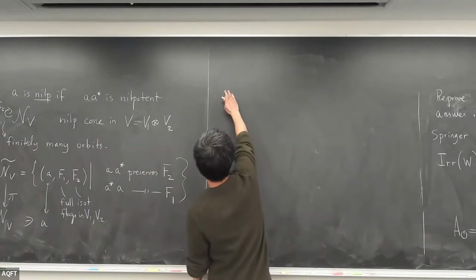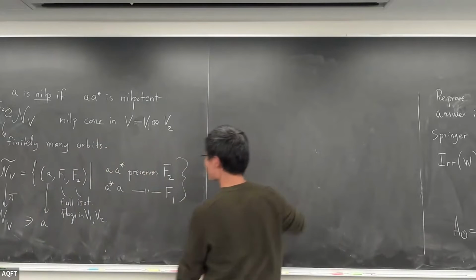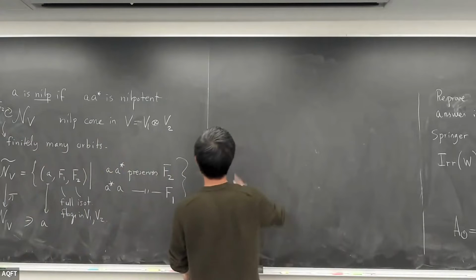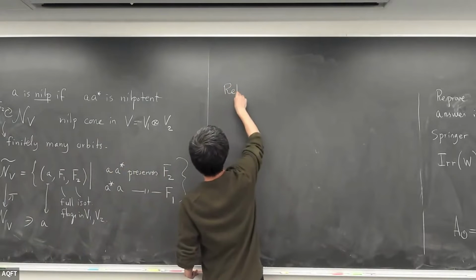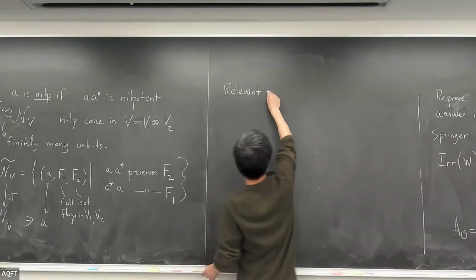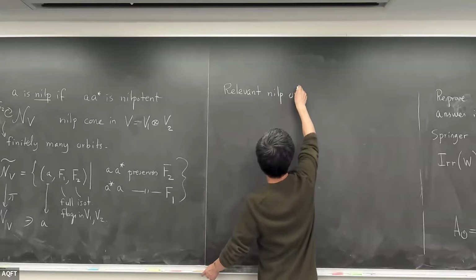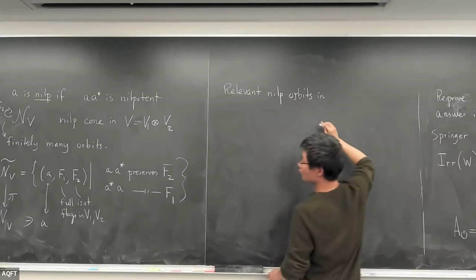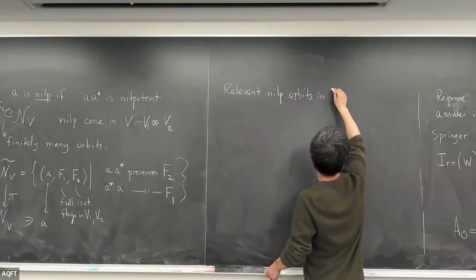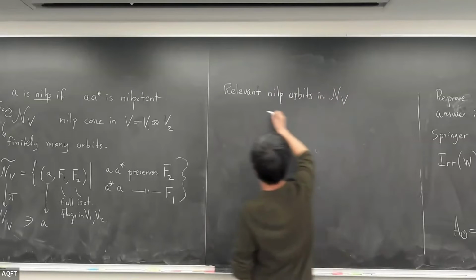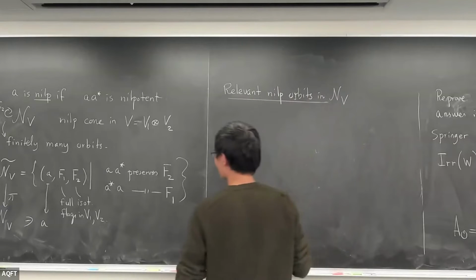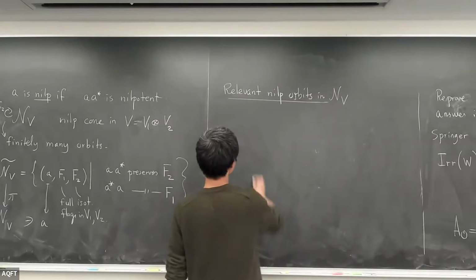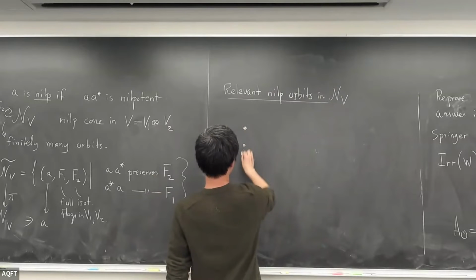Now let's define the relevant nilpotent orbits. Let me first say something about how to visualize a nilpotent orbit in V. I said that we should think of it as a quiver.